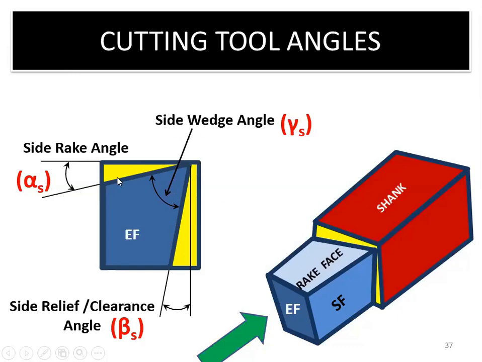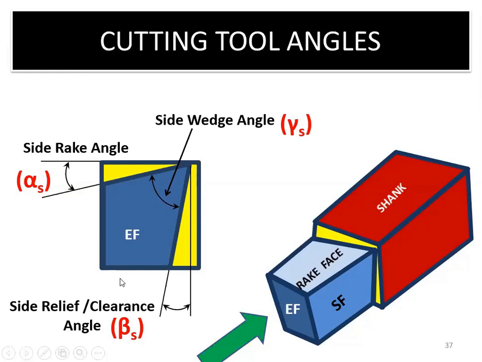Similarly, your sidewise angle is made by your side flank. This is your side flank, and between your rake face. So this signifies the material of the tool, how much material is removed and what is left. This defines the strength of your tool.